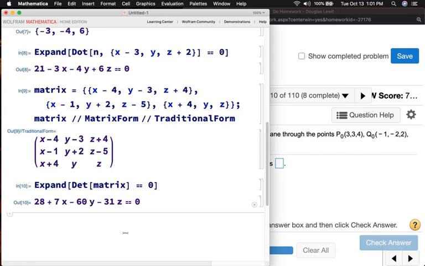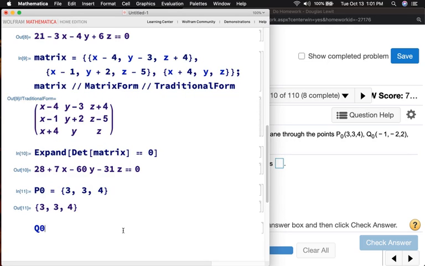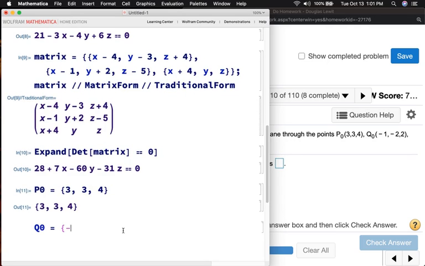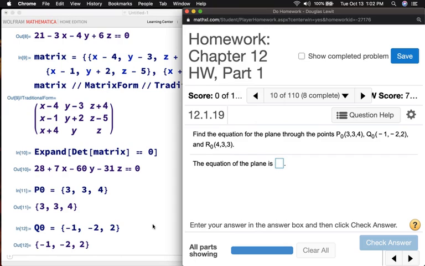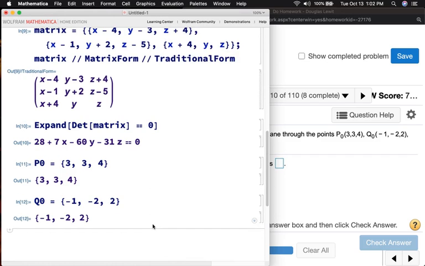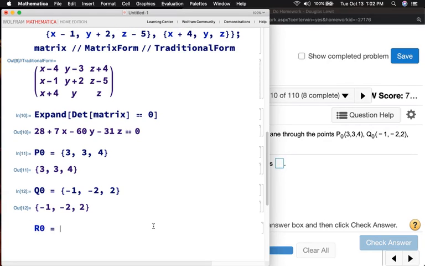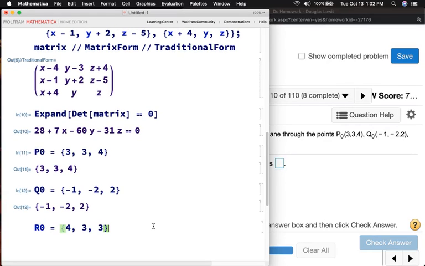So I have P0 is equal to 3, 3, 4. I have Q0 is equal to negative 1, negative 2, 2. And I have R0 is 4, 3, 3.